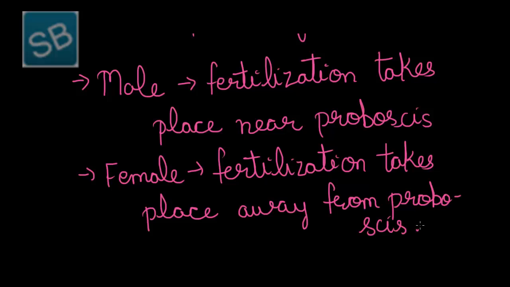In this manner, in case of the marine animal Bonellia, environment plays a very important role for determining the sex or development of an individual, which will be either male or female.